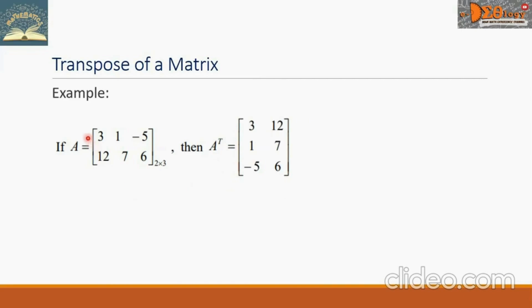So you see here, the first row of matrix A is equal to the first column of A transpose. Also, the second row of matrix A becomes the second column of the A transpose. We observe also that the A transpose now is a 3 by 2 matrix.